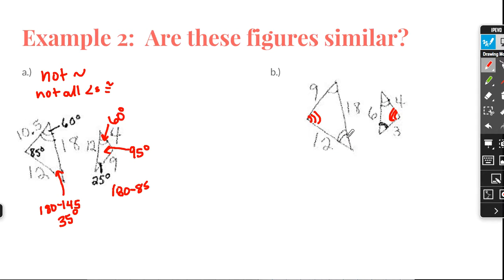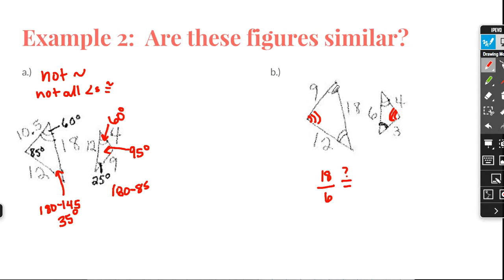Let's look at this side first, between the first angle that's marked and the second angle. In the big triangle, that's 18. In the small triangle, that is 6. So we have a ratio here of 18 to 6, or we could reduce it to 3 to 1. Let's see if it's equal to our next one.